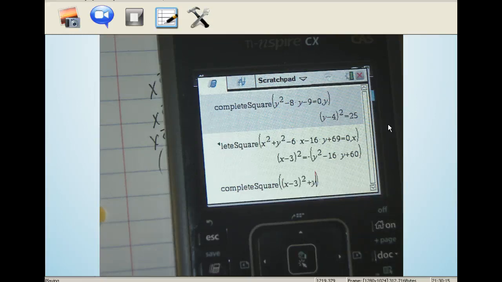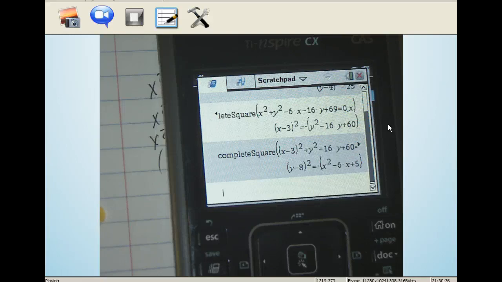So it's just going to be y squared minus 16y plus 60 equals 0, right? So I just brought this back over. That was a negative parentheses, and I brought it back to this side, put equals 0, and then I would put comma y. And that would help me to recognize that I could do, hey, y minus 8.